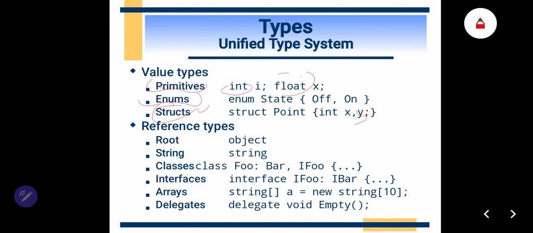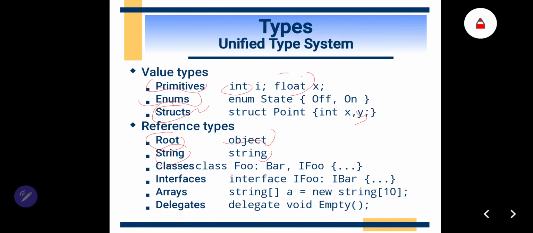If you see, struct is different from class. Class is for many data and struct is for small data. Reference types, for example: root object, string, classes.